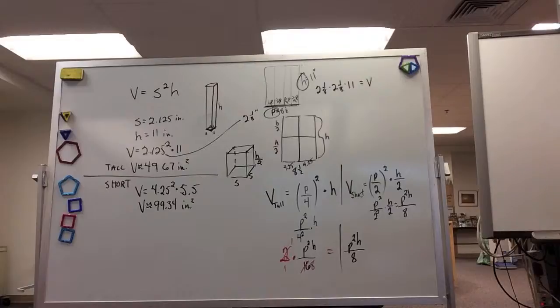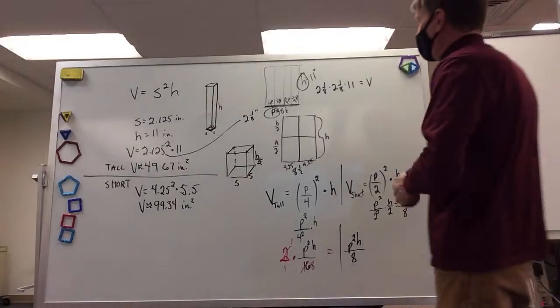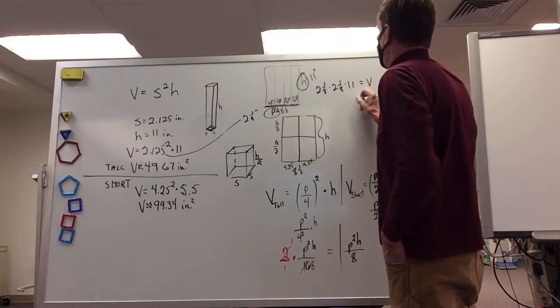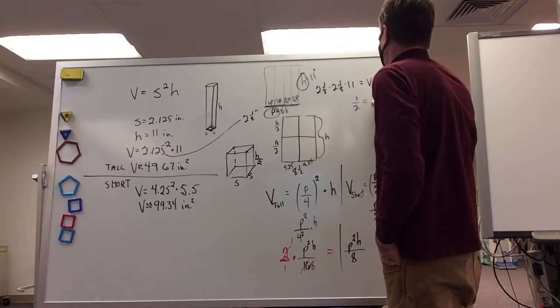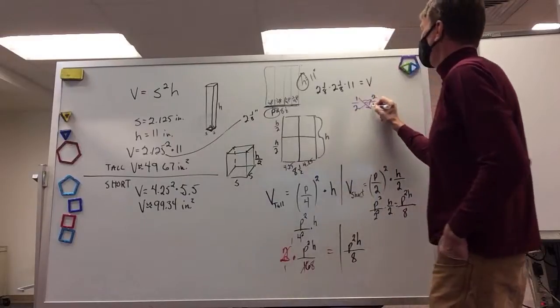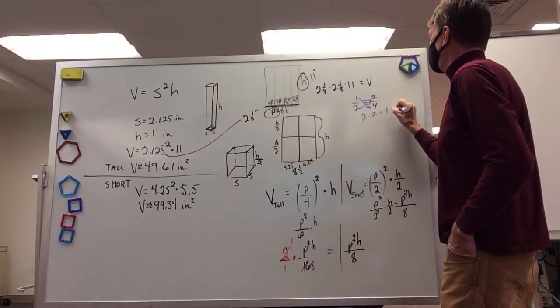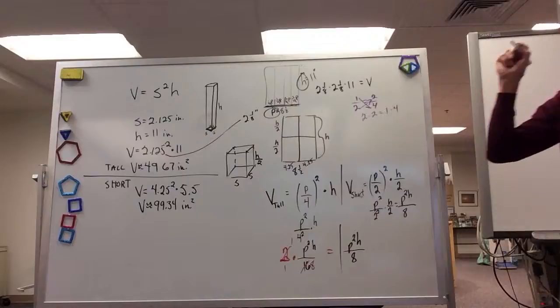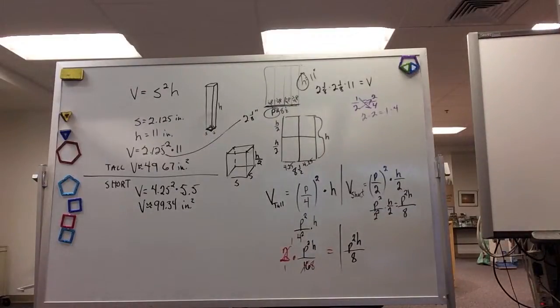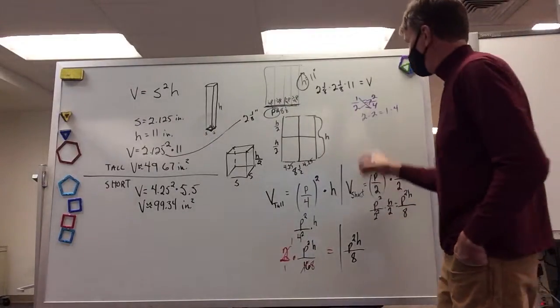You guys remember ratios and proportions? Yeah. If you say something like this, a half is equal to 2/4. Well, 2 times 2 is equal to 1 times 4, when you cross multiply to find out if they're equal. Well, watch this.